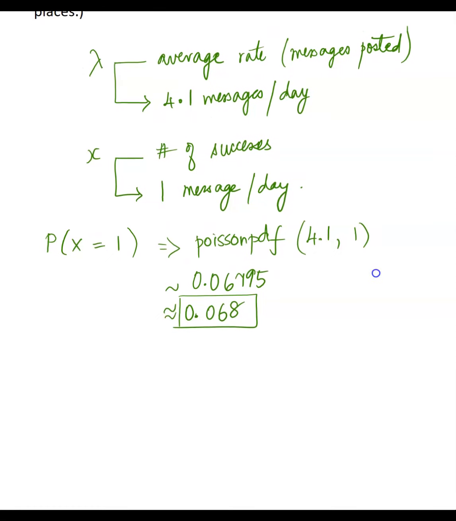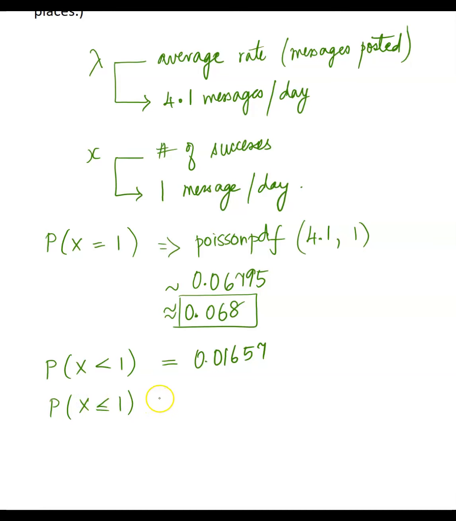Okay. Now for your extra practice, you can check these out. P of x less than 1 will be 0.01657. Try and play with your calculator to see what right operation would give you this. And I'm giving you extra values. I'm not rounding it to 3 decimal places. So go ahead and explore this.